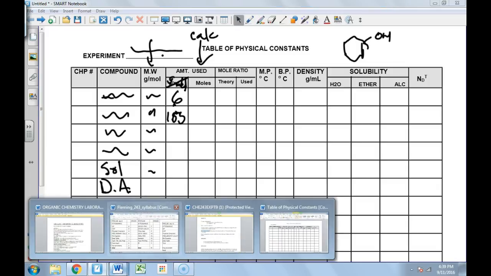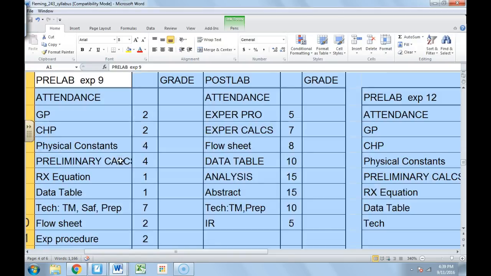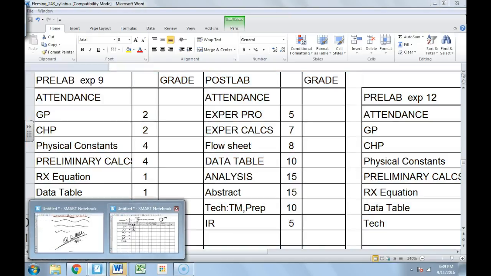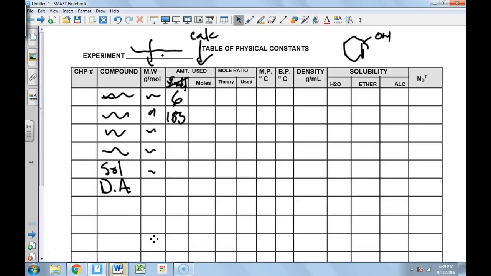And if you look, a lot of times you'll see a preliminary calculation thing on the Prelab. So here's the preliminary calculations. That's to fill out the physical constant sheet. So now we go here. Okay, and so we're going to calculate these. These are all going to be calculated numbers.